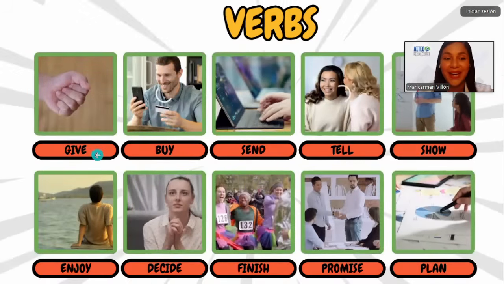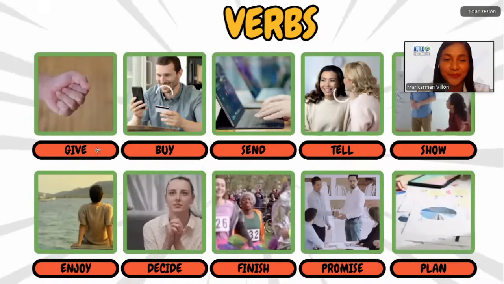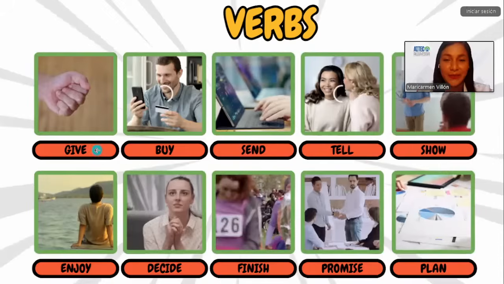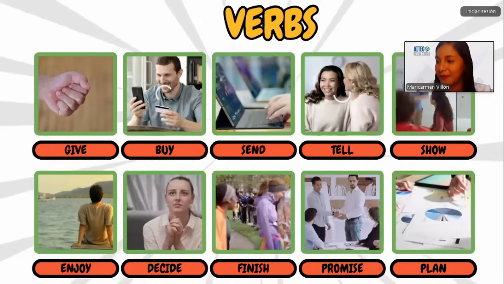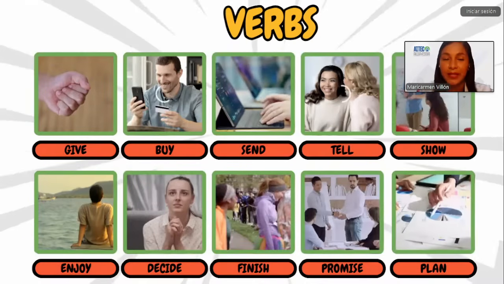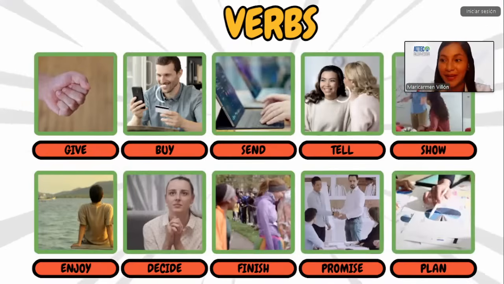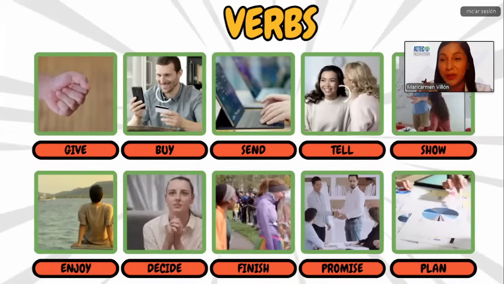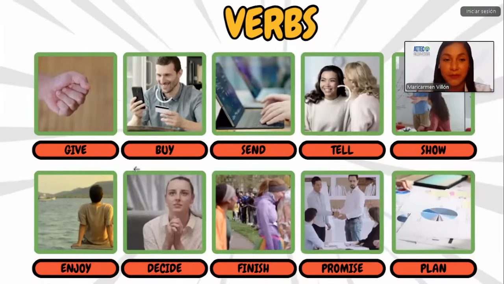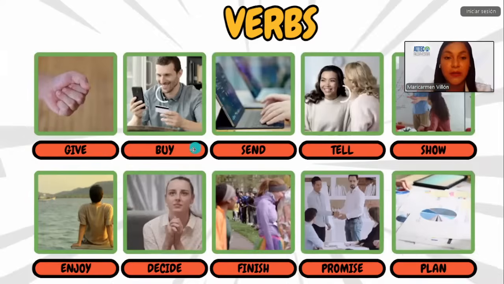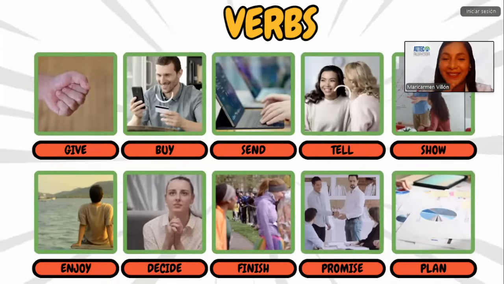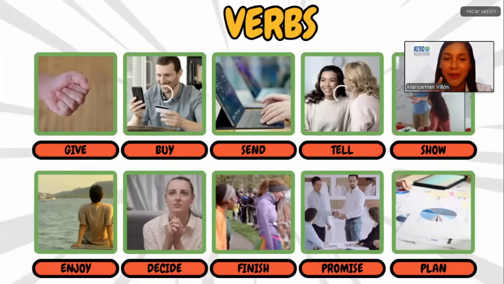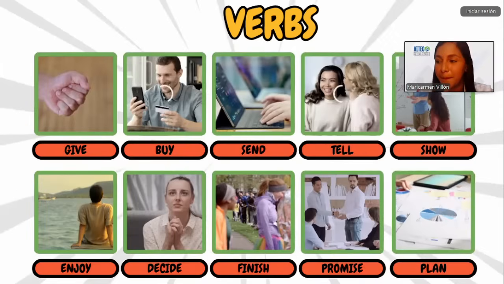Here we got give. I'm going to repeat again. Give. One more time. Give. Okay, this is a verb. We're going to be talking about these ones. Repeat after me. Buy. One more time. Buy.